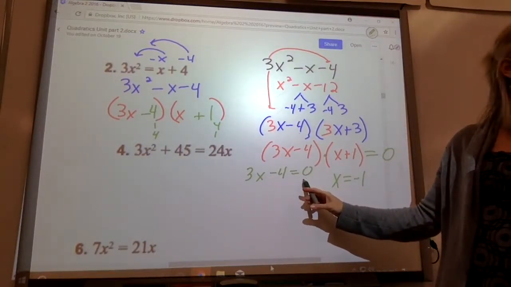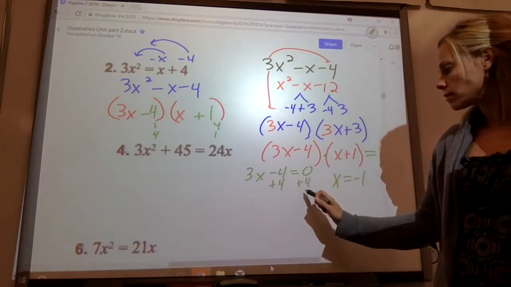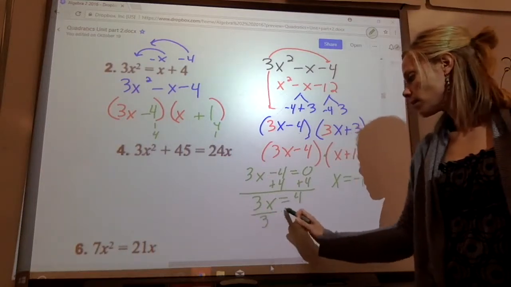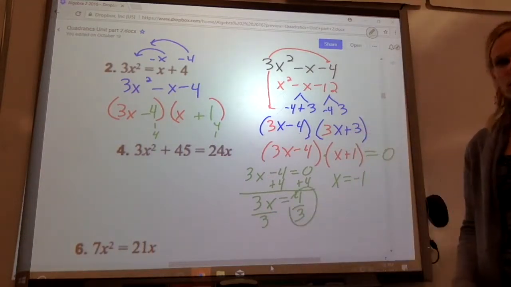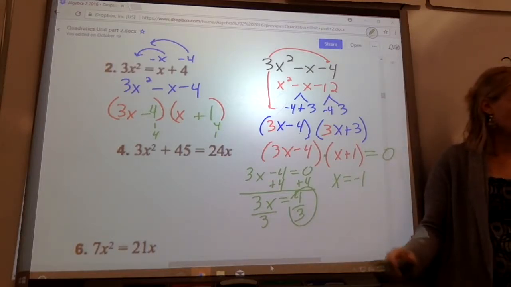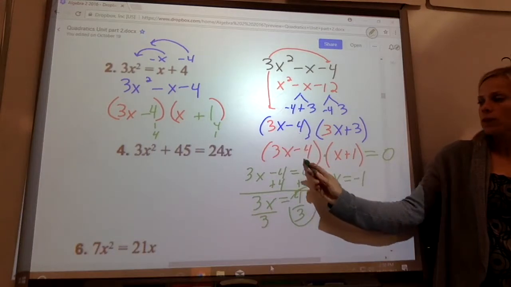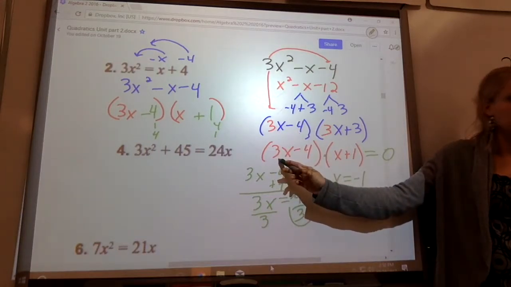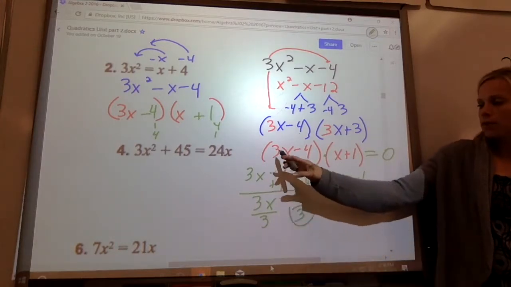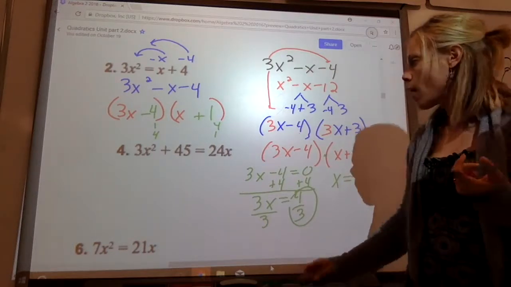And use your Algebra 1 skills. So add 4, divide by 3, and it's 4/3. Okay? And after you do some of these, I'd hope you could do that in your head. If you solve this, you could say, oh, to order of operations, I would add 4, divide by 3, 4/3. Okay? But if you don't know, you're going to have to write it out. Use your Algebra 1.